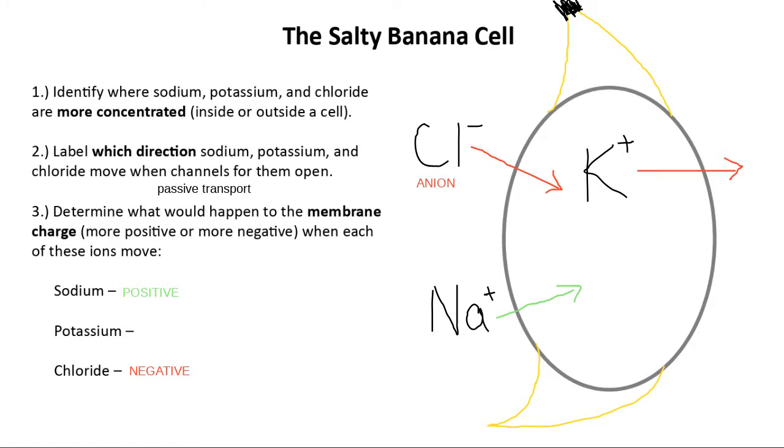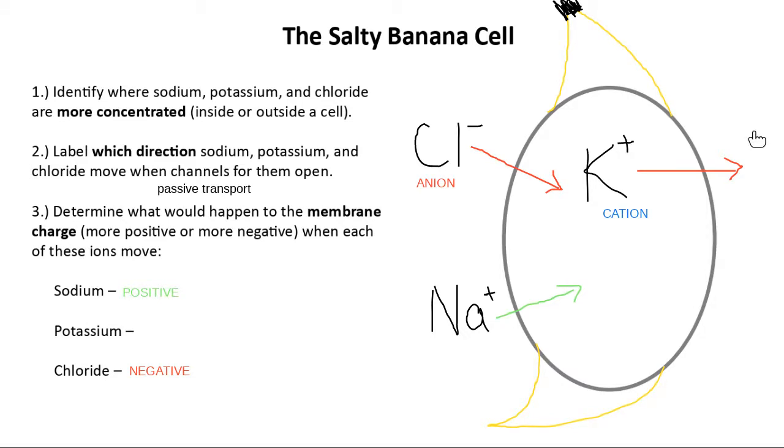The other thing that can make us more negative on the inside, though, is what potassium does. Like Temiteo mentioned, potassium is a cation. Potassium has a positive charge. But when potassium leaves the cell, it's kind of like we're doing subtraction. We're taking positives and putting them outside.